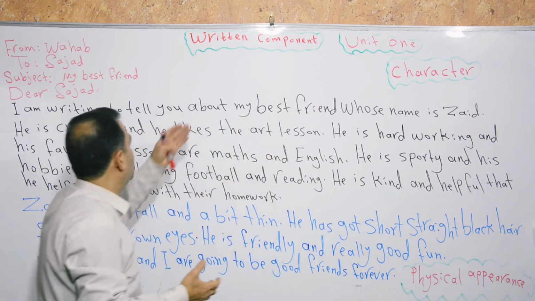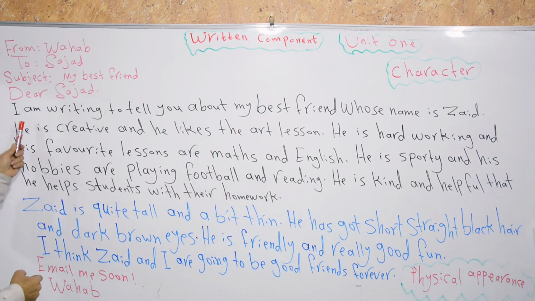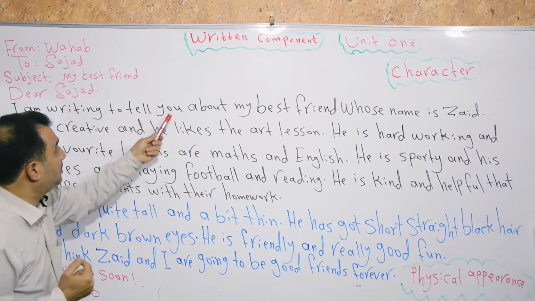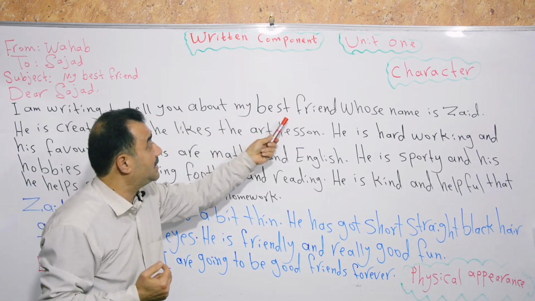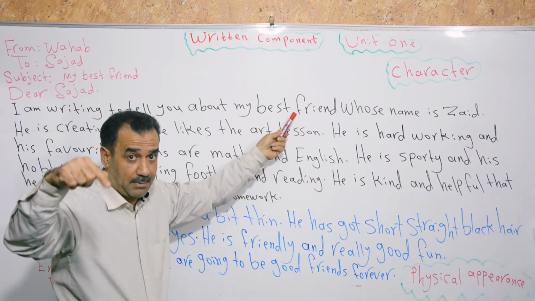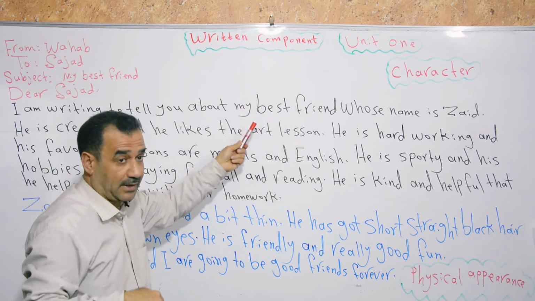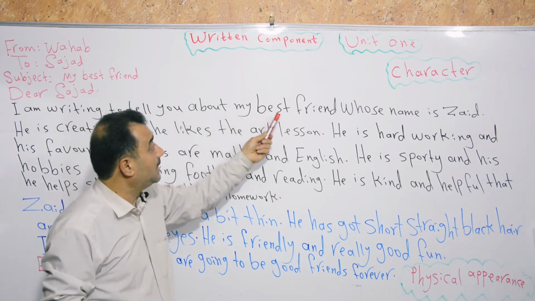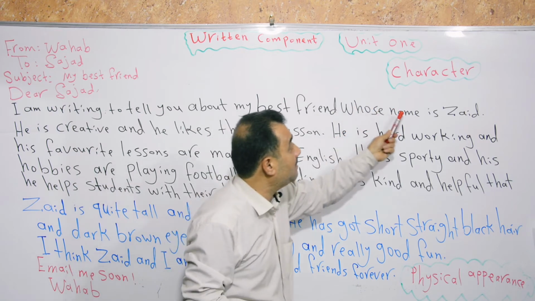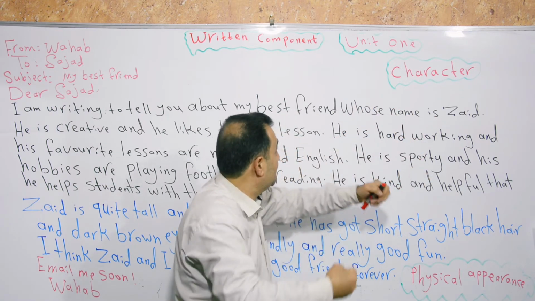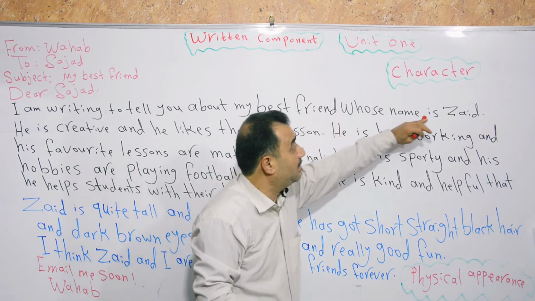Now, the introduction here, my sons. I am writing to tell you about my best friend. Here, you are telling your friends about what? About your best friend. I am writing to tell you about my best friend. His name is Zaid. We can connect the two sentences whose name is Zaid.